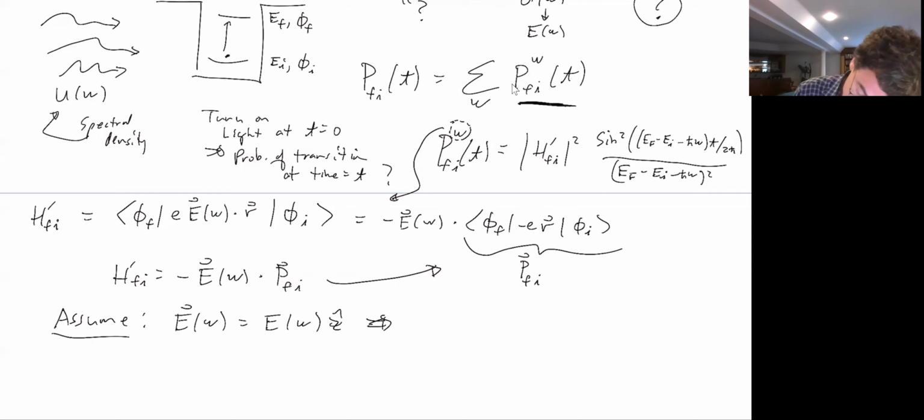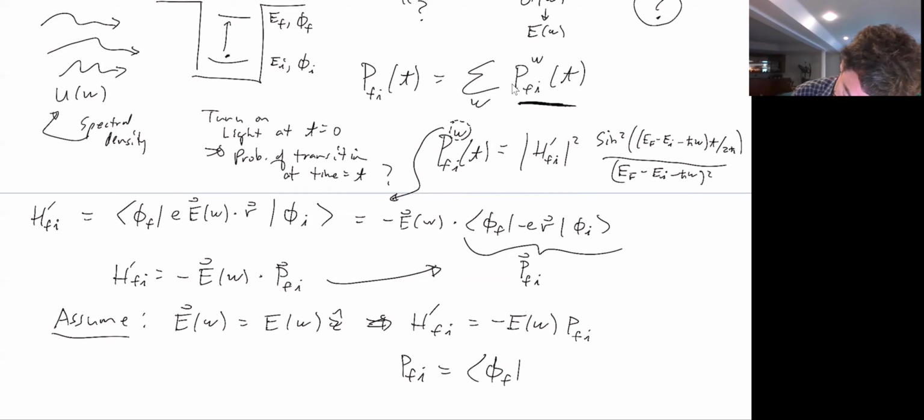And so then H prime fi is equal to minus E of omega P_fi, the scalar, where P_fi is equal to just the z component, phi final minus E z phi initial.